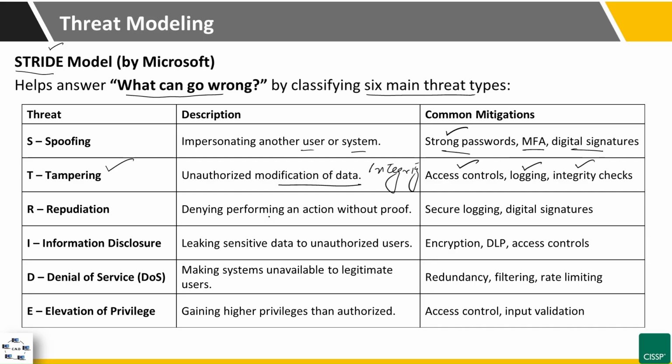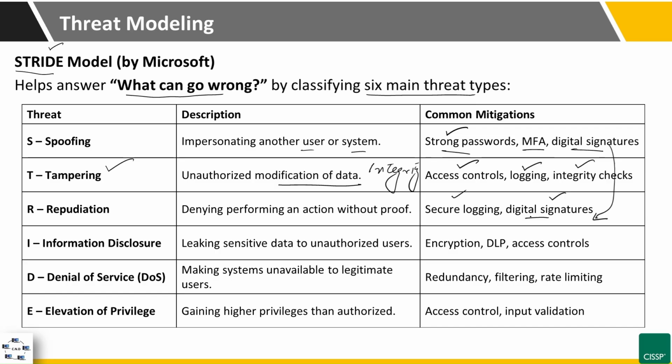Again, the mitigation techniques against repudiation are secure logging and digital signature. As I said, a digital signature is used for authenticity of someone. A digital signature belongs to a unique user or to a unique system.